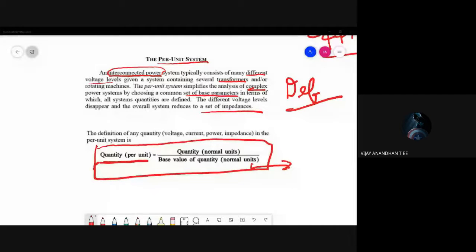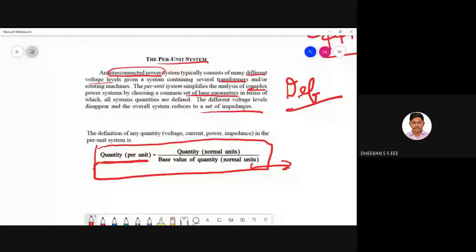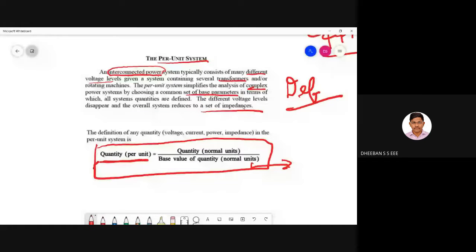Sir, can you tell what's the difference between normalization and the per unit system? No, per unit comes under normalization. It is a method for normalizing. The normalizing method that we use in the power system area is generally called the per unit system.